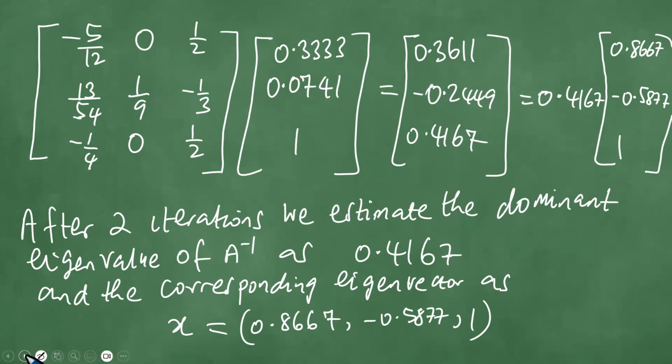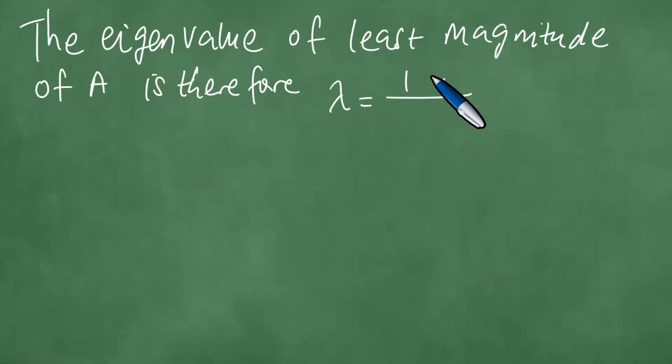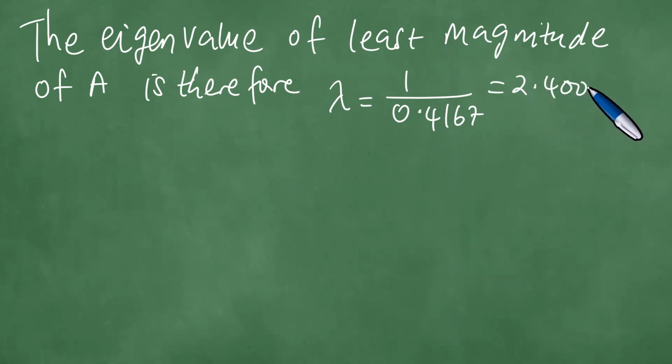So now we want the eigenvalue of least magnitude of A. We take the reciprocal, 1 over 0.4167, and this is 2 point something like this.